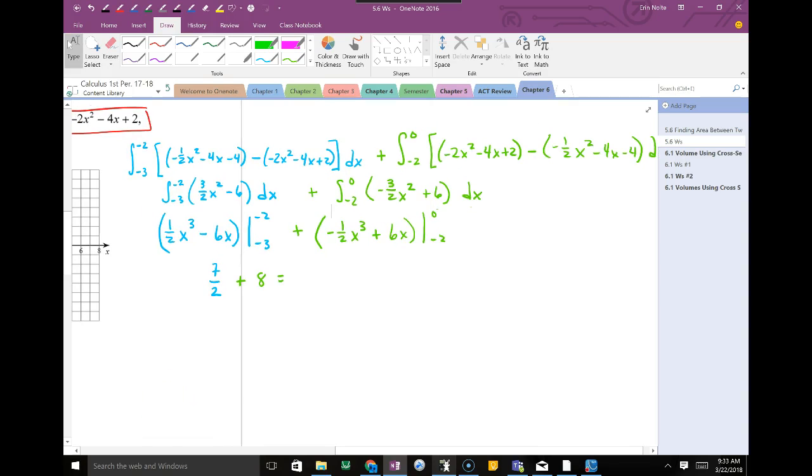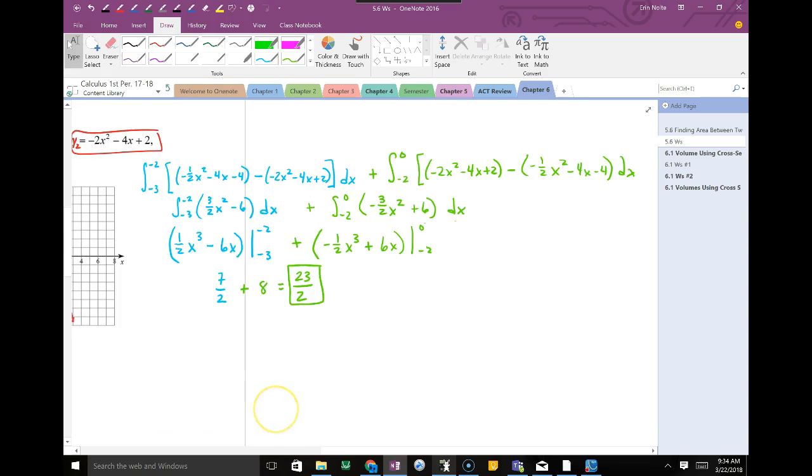Double check and make sure your negative at the very beginning is a minus as opposed to a negative. 3.5, that's the same as 7 halves. So the total would be 23 halves, right? I would prefer that you give me fraction values. It's not too hard to hit math frac for all that.